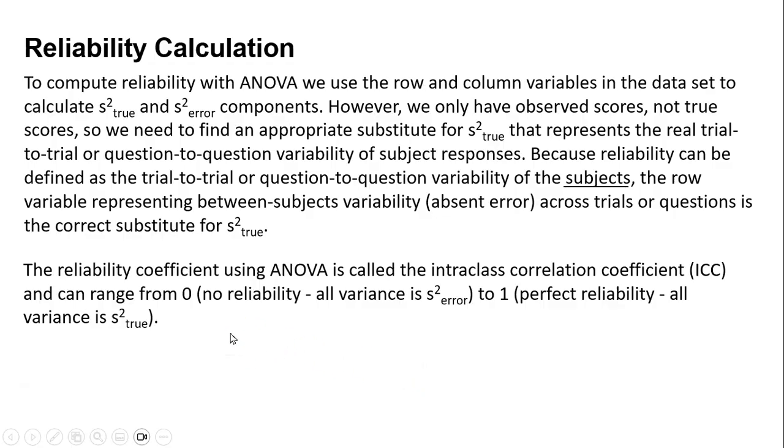So the reliability coefficient using ANOVA is called the intraclass correlation coefficient, ICC, and can range from 0, no reliability, all variance in the data set is due to error, to 1, perfect reliability, all variance is true variance.